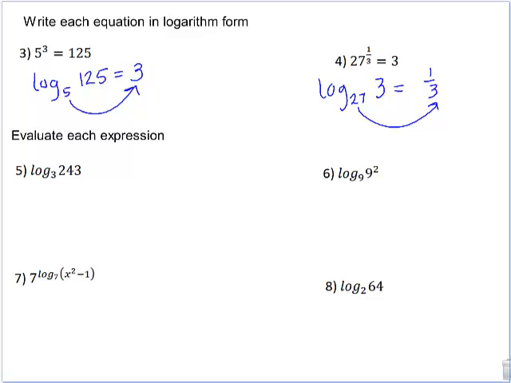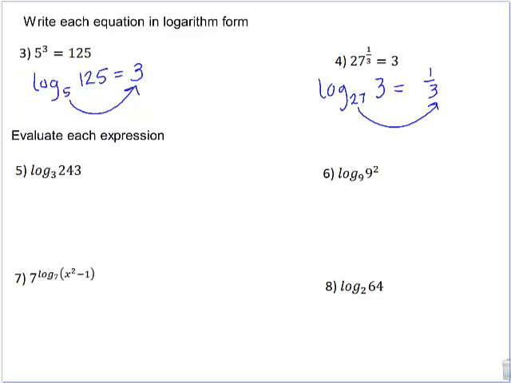So that's what we're going to do next. We're going to evaluate. So we want to figure out what this should be equal to. And to do that, we're going to think about this as an exponent. So I have log base 3 of 243.